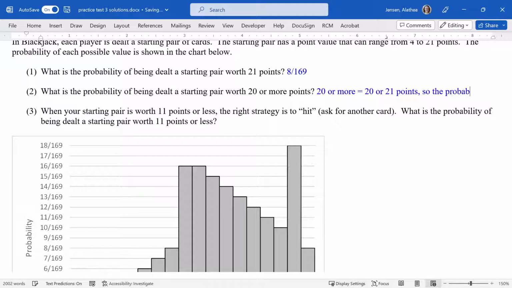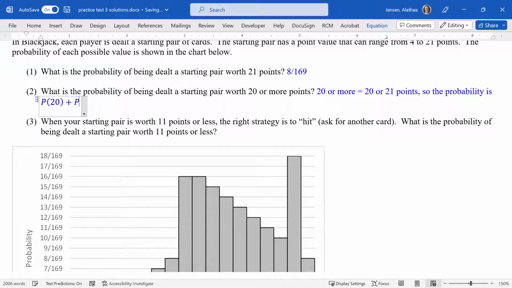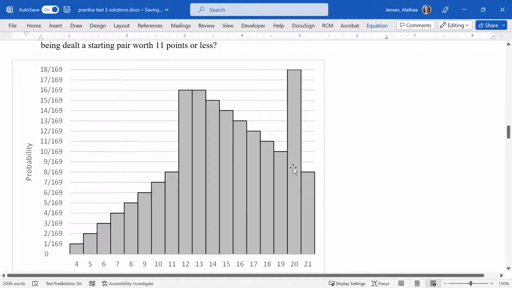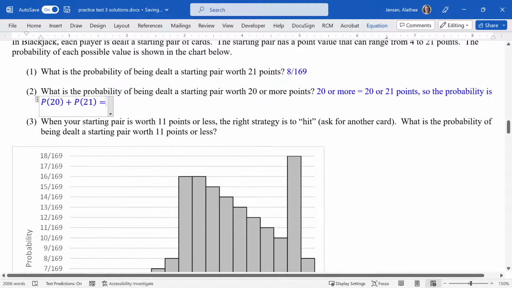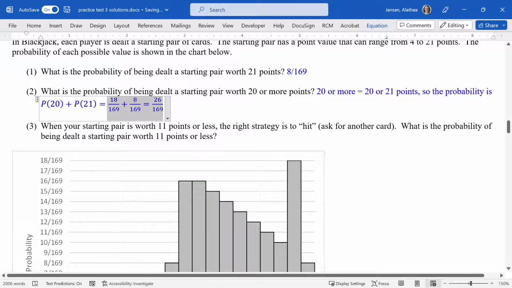So you do probability of 20 plus probability of 21, and just read those off the chart. 20 is 18 out of 169. 21, we already said in the last question, was 8 out of 169. So together that's 26 out of 169. But you don't need to simplify. You can just leave it like this. That's fine with me.